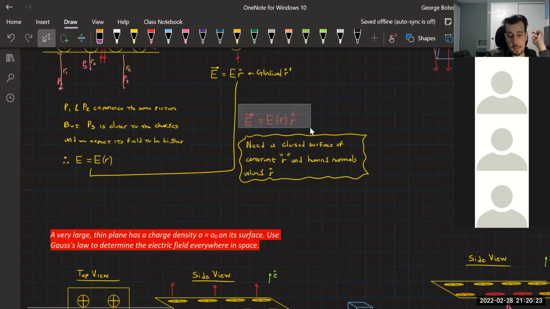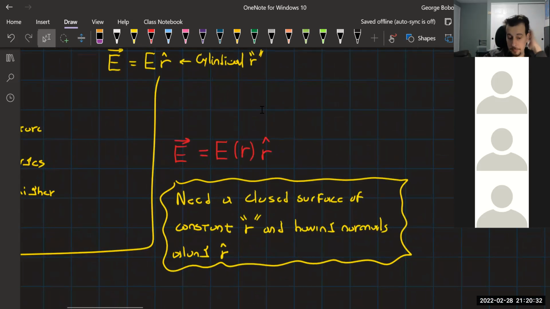Once you're here, now you're asking, what kind of Gaussian surface should I use? That's number 3 now. So you look at the electric field. The direction here is in the cylindrical R. The dependencies are, who can help me? A cylinder can help you because the field lines that go in the R direction, the normals of the cylinder on the side are parallel to that.